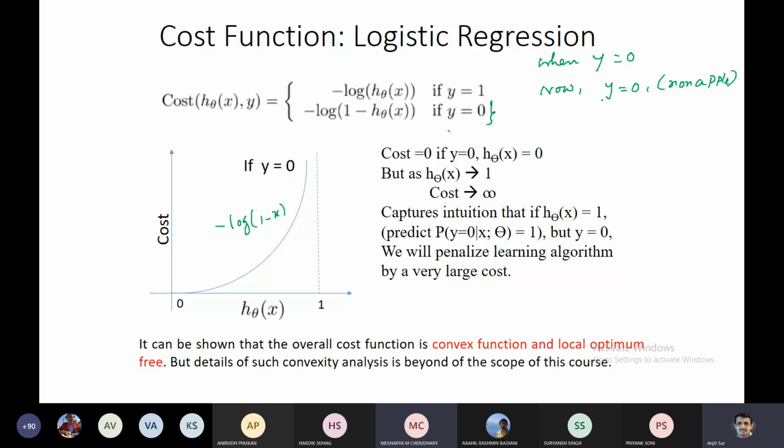If we want to correctly classify, h theta x should be very close to 0. And if it is so, our cost is very close to 0, because this is the correct classification.